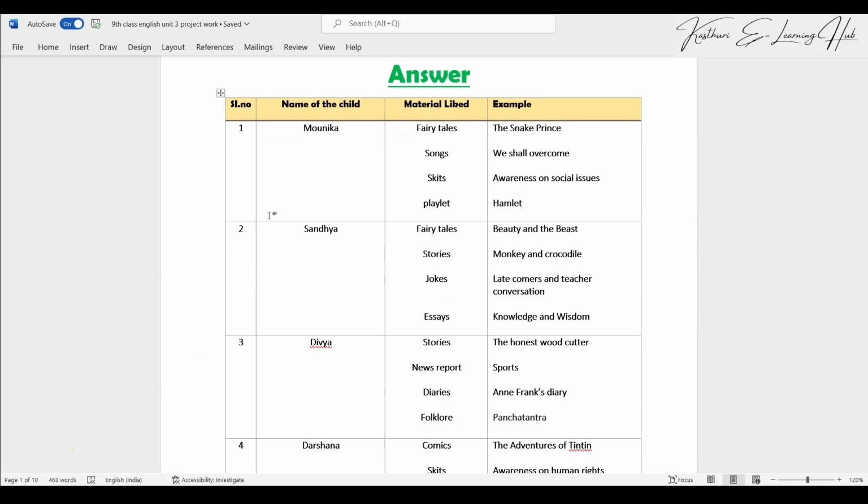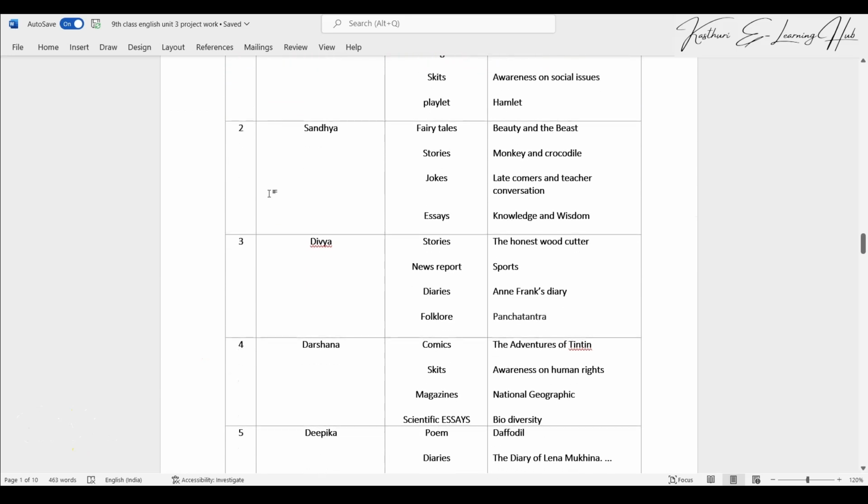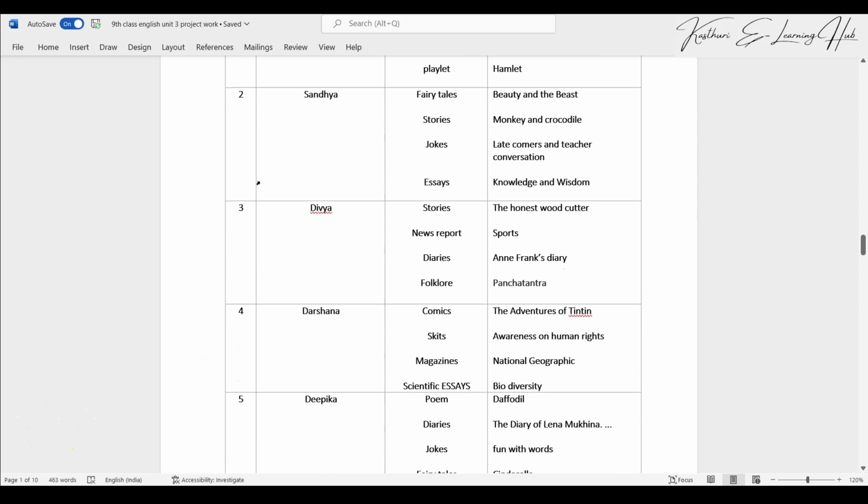Whatever type of fairy tales they want, that example you write in the example column. Then songs: what type of songs or which particular song, that also you can write. Skit, on what topics, awareness on social issues. Playlet, on which play they want the playlet. So from each student we are collecting about four as per their preference.